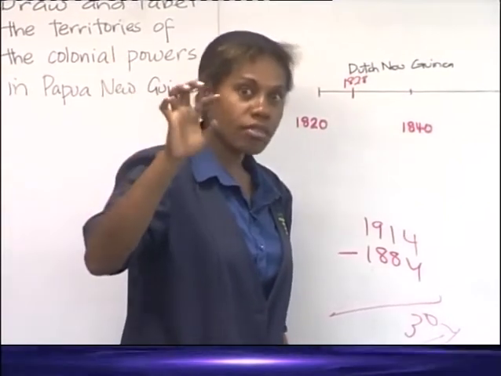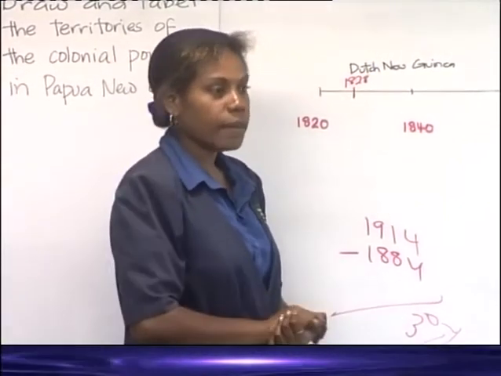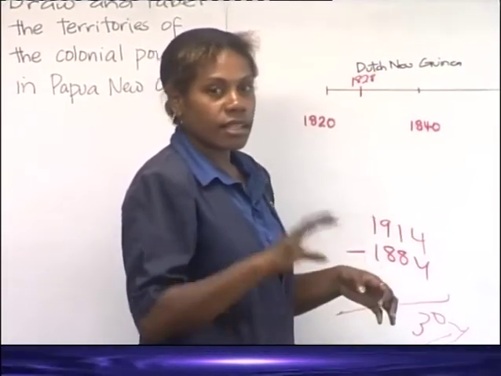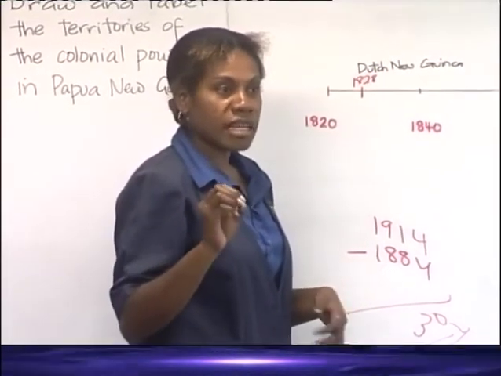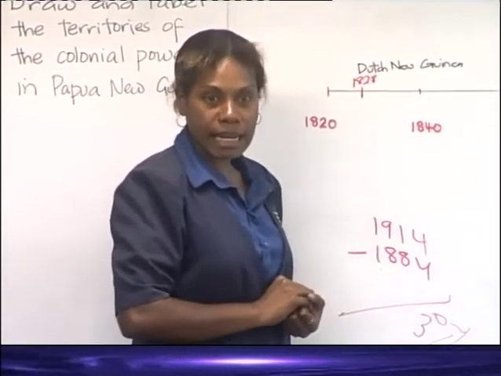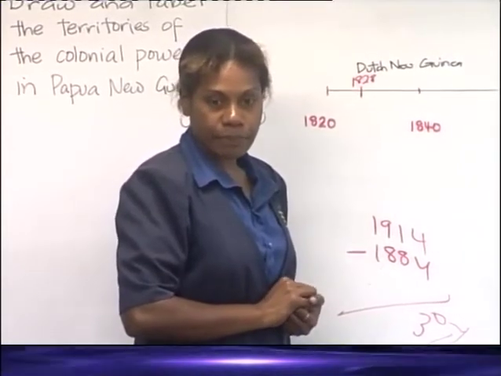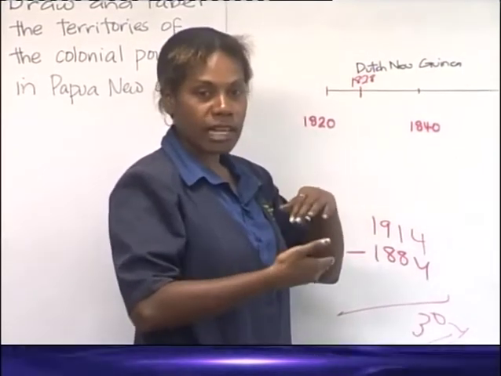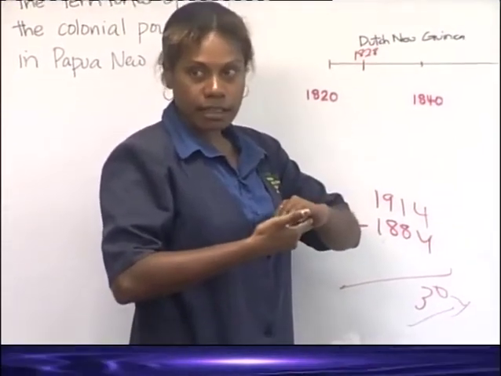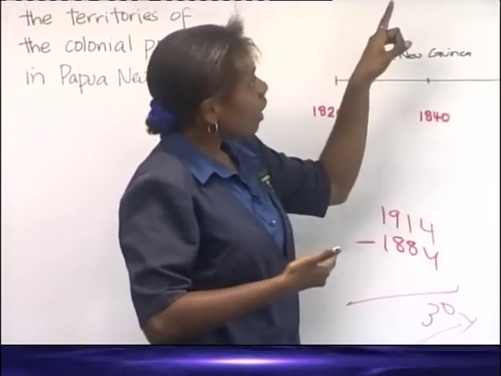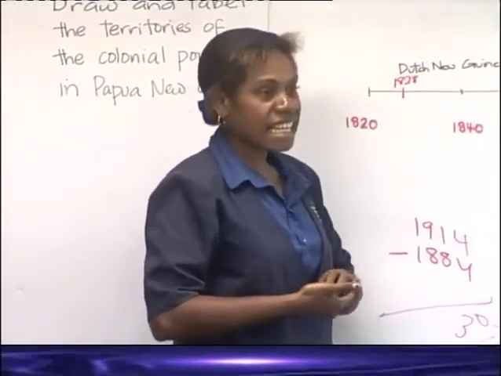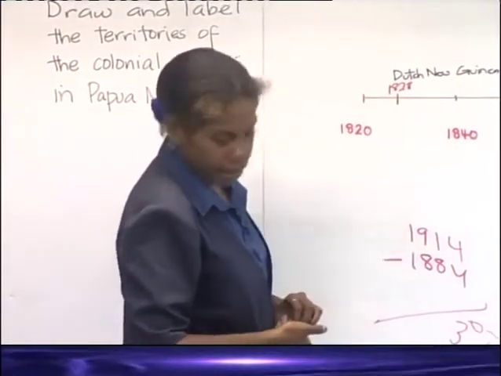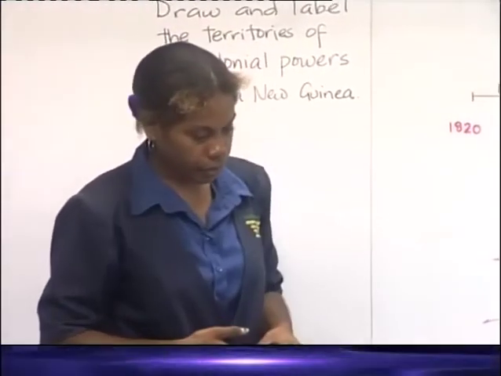Very good, hands down. The important thing is your main events on your timeline. Don't forget the heading or title of your timeline. You must always have a title: Timeline of colonial dates and events in Papua New Guinea.